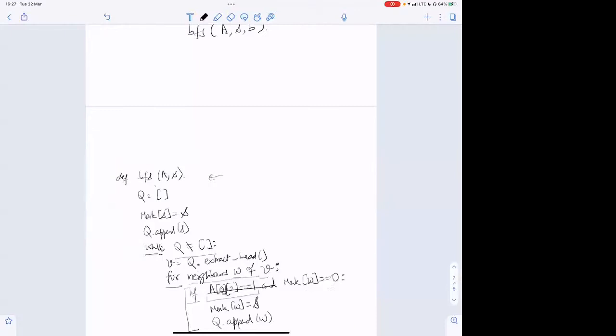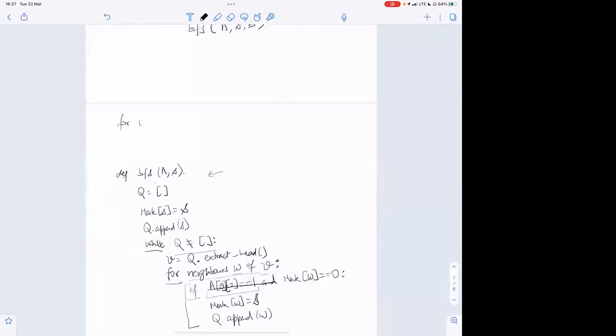So for i, the initialization will remain the same: for i from 1 to n, mark i equal to 0 and distance of i is equal to a very large number, which we'll call infinity, which is larger than n, say n plus 1.